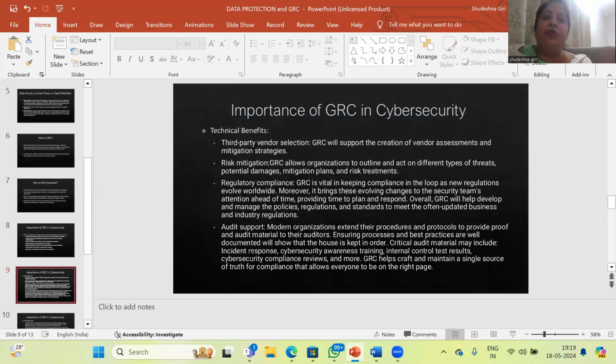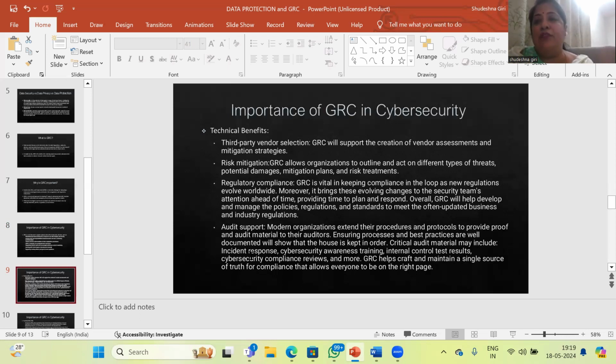Now, coming to the technical benefits. There are a lot of vendors which take care of the data. For example, if I am using Airtel Mobile, for billing purposes, there will be a third-party vendor who will be processing my billing account. In that case, when I do this billing, my account number, my name, my personal data will be shown to him.